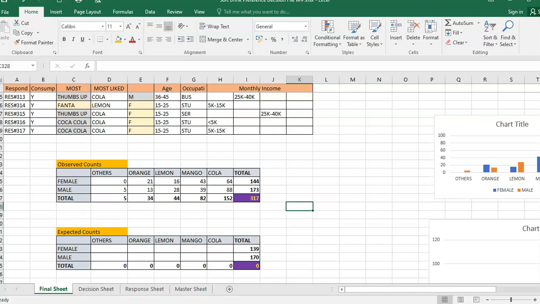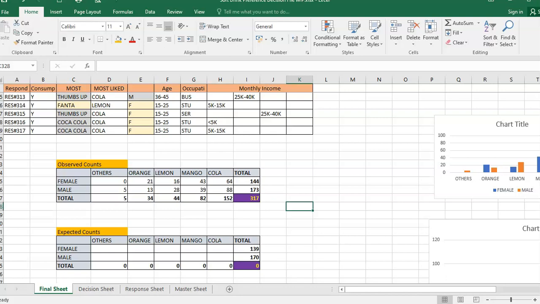Out of them, 144 were female and 173 were male. Of these 144 females, 64 liked cola, 43 liked mango, 16 liked lemon, and orange was the favorite of 21 females. Likewise, we have found this out for males also. These are the totals for orange, lemon, mango, cola and others. We have got only 5 males who liked other flavors, but none of the females was looking for other flavors.